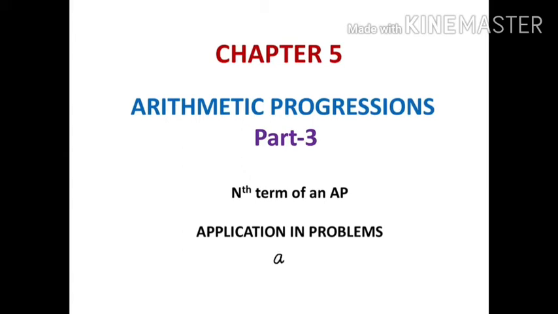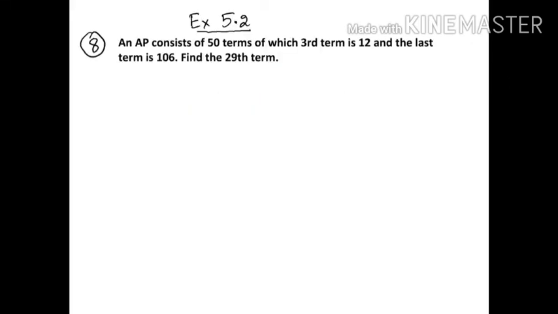And the nth term of this AP is written as an = a + (n - 1)d, where a is the first term of the AP, n is the number of terms, and d is the common difference or the fixed number that you are adding to the previous number to get the next number. So let's get started.